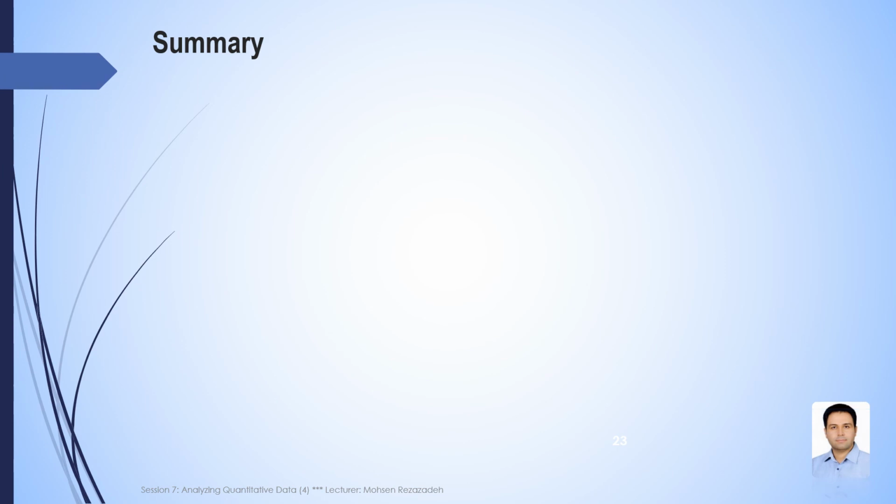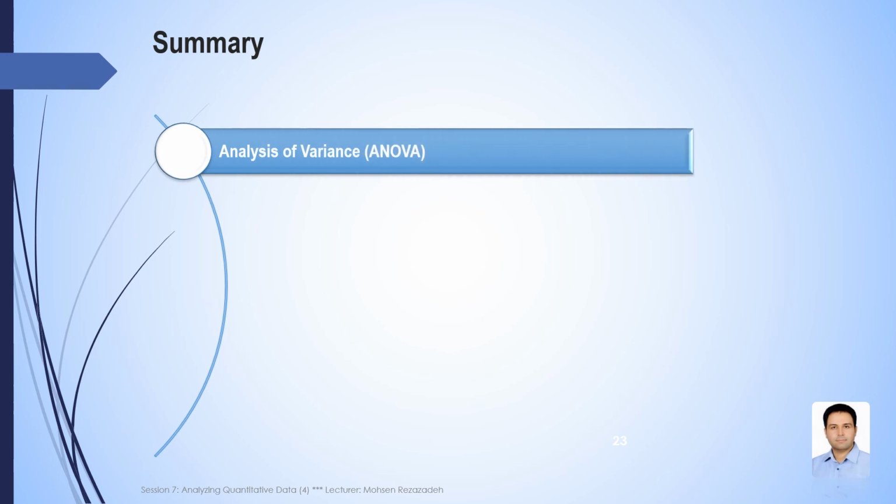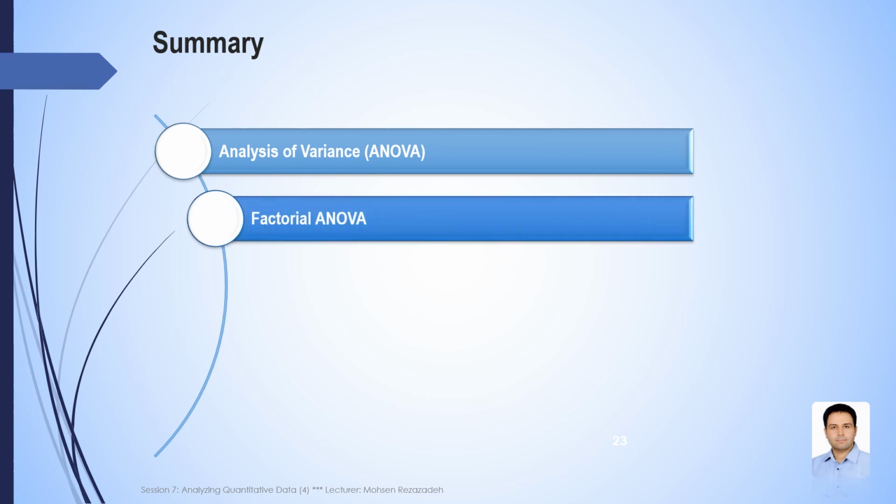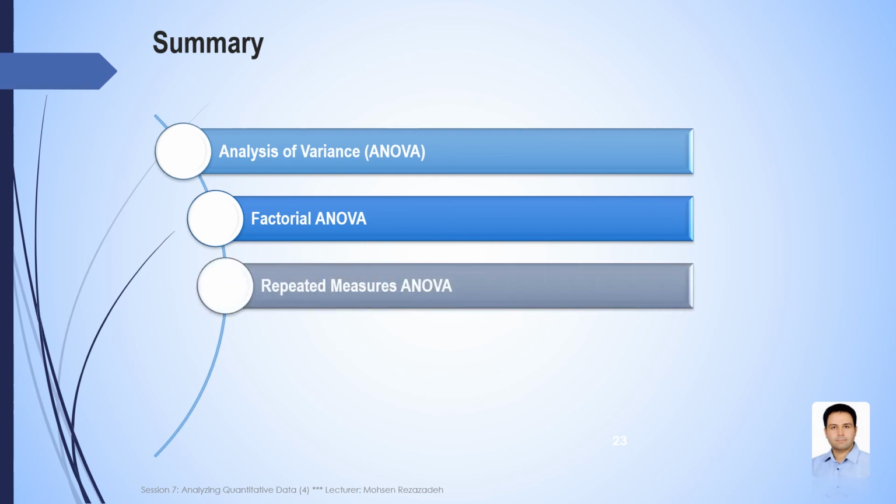So today we discussed the remaining tests of difference. First was analysis of variance, or ANOVA. Then factorial ANOVA, for example, two-way ANOVA, three-way ANOVA. Then repeated measures ANOVA, which, as I said, is just like paired samples t-test, but here we have more than two sets of scores.